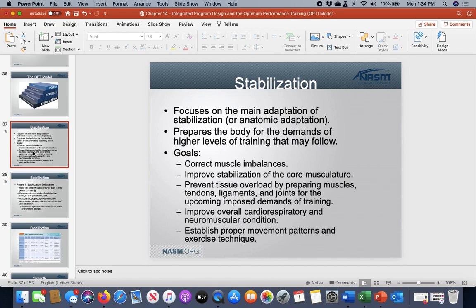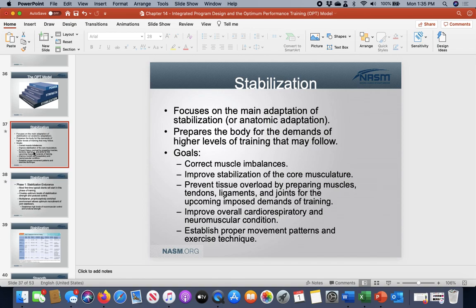What's the goals? Correct muscle imbalances. Absolutely. We said asymmetries are no good and side-to-side differences are bad. So you can take a person, even an athlete should be going back down to a stabilization sort of exercise programming after their season is over. Well, it's going to correct some imbalances that they've occurred over the course of a season. Okay.